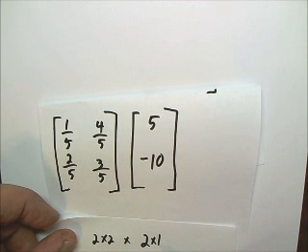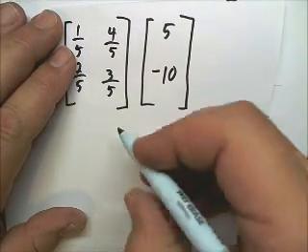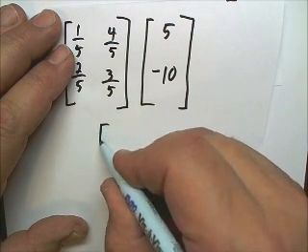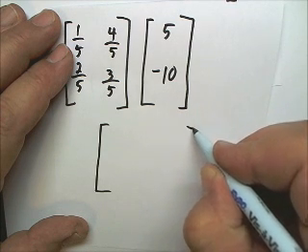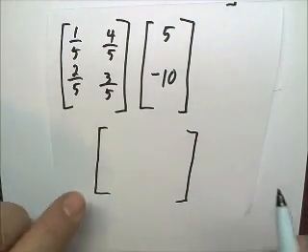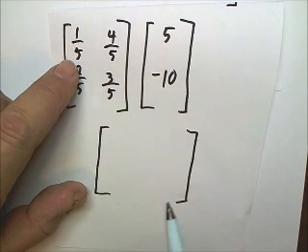We have a 2 by 2 matrix times a 2 by 1 matrix. It is possible because those are equal, and the result is going to be a 2 by 1. So our result is going to have 2 rows and 1 column, so there's going to be one number here and one number here.